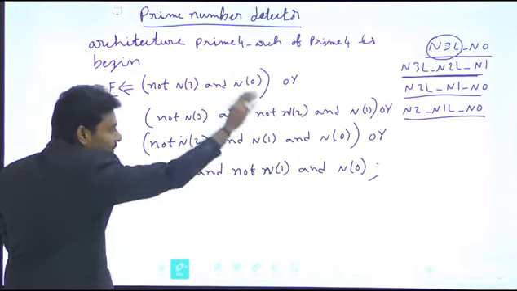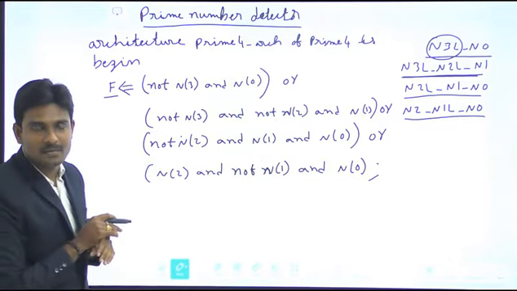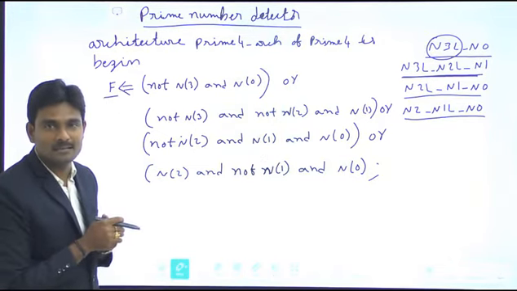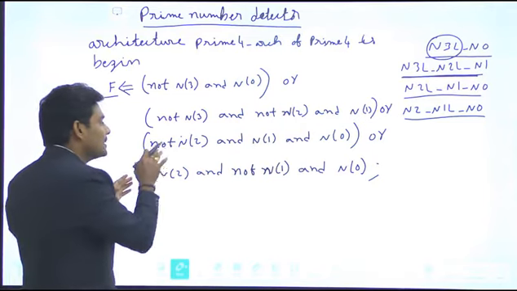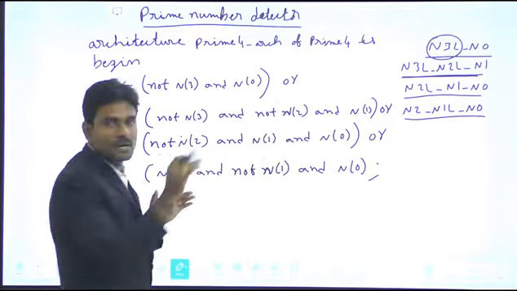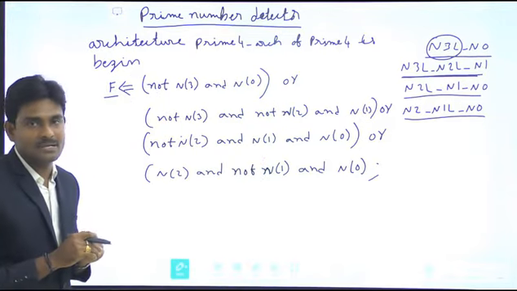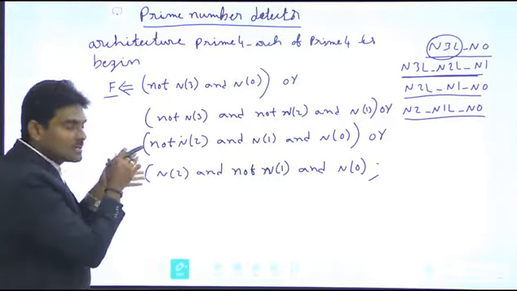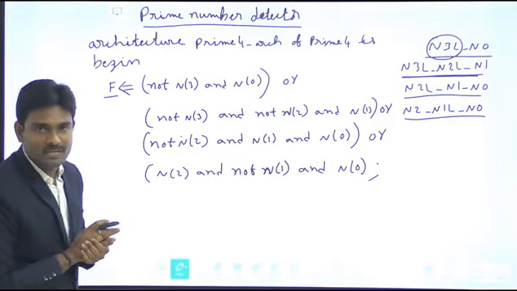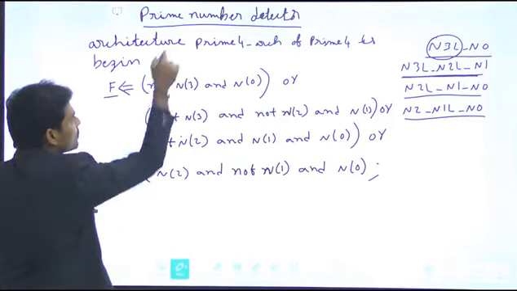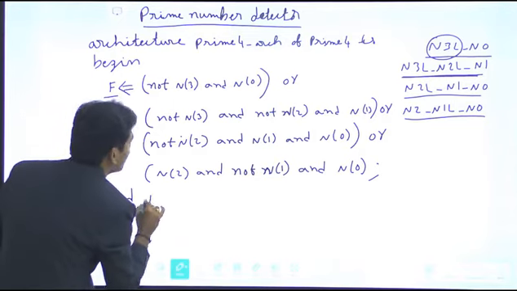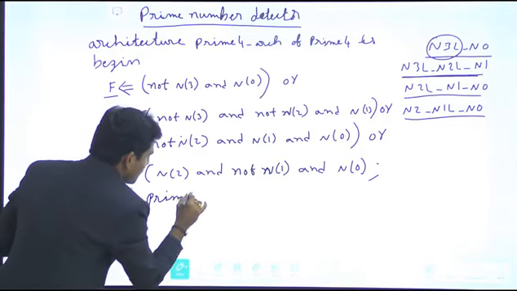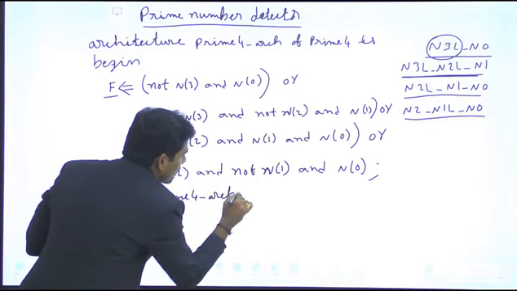Because of that, in this single concurrent statement, you won't find any intermediate signals. Without using intermediate signals, directly by using not and or operators, I defined the final equation. In this manner also you can describe the functionality, and finally you close the architecture with end architecture name, which is prime4 underscore arg.